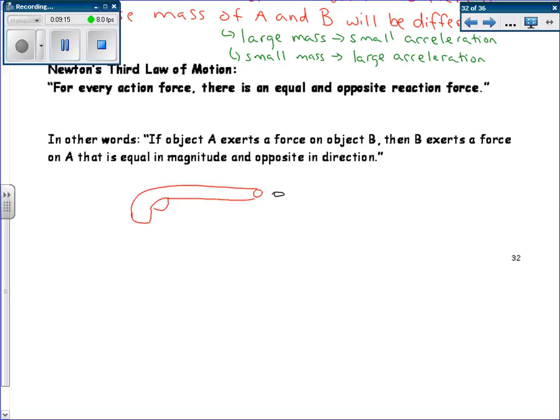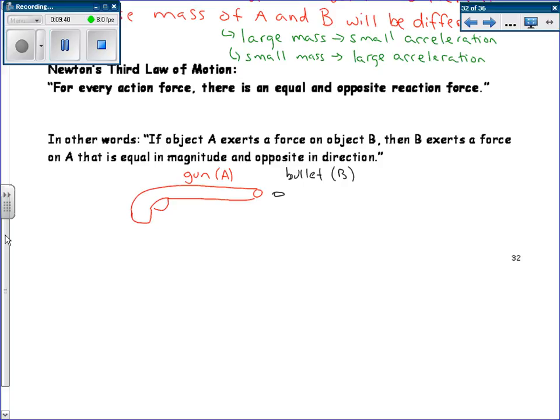So what we have here is a gun, which will be object A, and a bullet, which will be object B. Sorry, I meant to put the B in brackets. Most of you know, when you fire a gun, there's a kickback. The gun kicks back, there's a recoil.